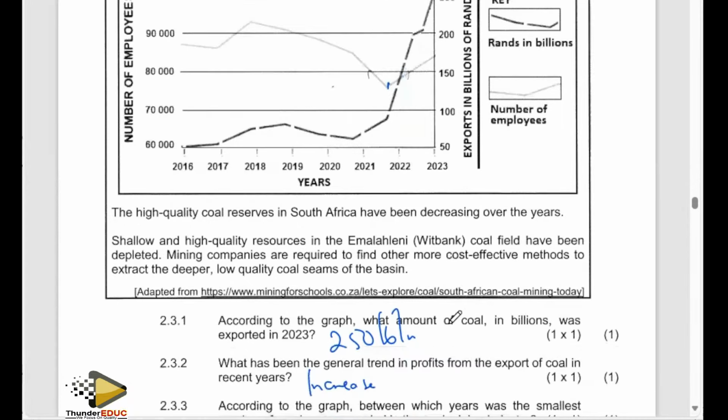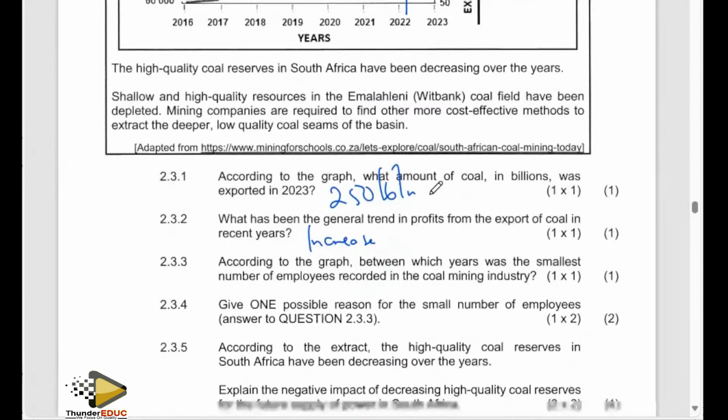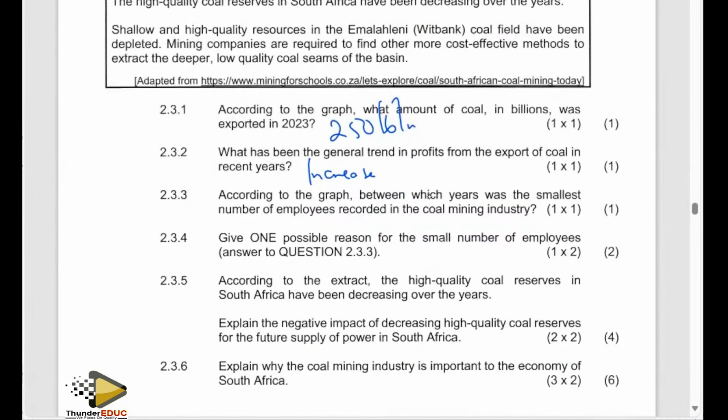So between which years? It's between 2021 and 2022. This is 2021 and this is 2022. The sharp decline here is between those two years.